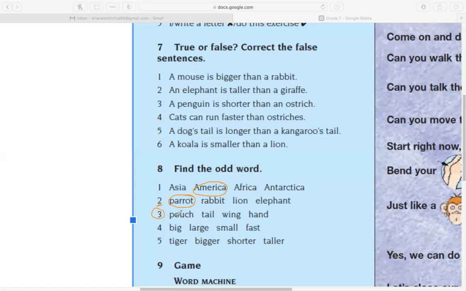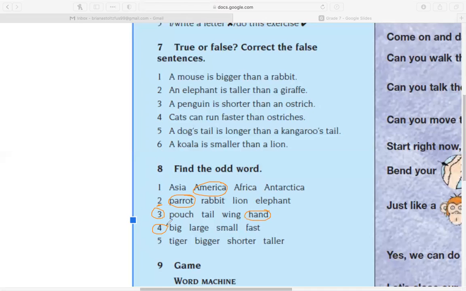Number 3, pouch, tail, wing, hand. What is the odd word here? A pouch, a tail, and a wing are all things that an animal has, but animals don't have hands, so hand is the odd word.